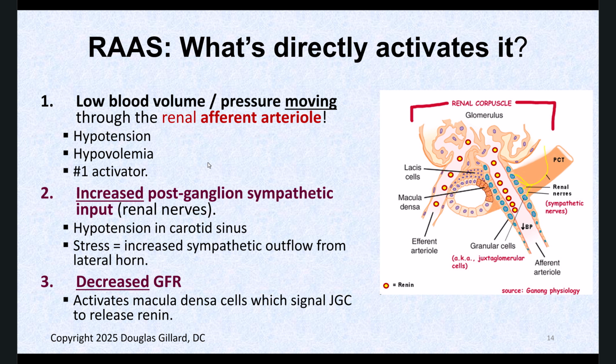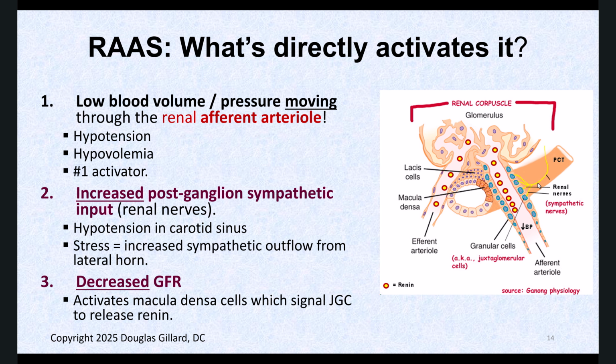Okay, what else does it do? It increases postganglionic sympathetic input. So that's another thing. What can set this off? So low blood volume sets off these juxtaglomerular cells directly. And then increased postganglionic sympathetic input. So remember the renal nerves.